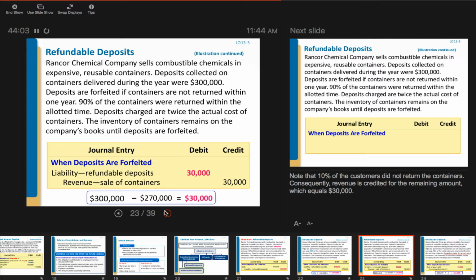So in this case, if you're in the business of renting out these containers, and oftentimes they're not returned, and so you just sell them, or if you're in the business of both renting and selling these containers, and one of your rentals turns into a sale, it makes sense to call that revenue. If this is the only time this has ever happened, and it never will again, you may see this show up as a gain. Okay?